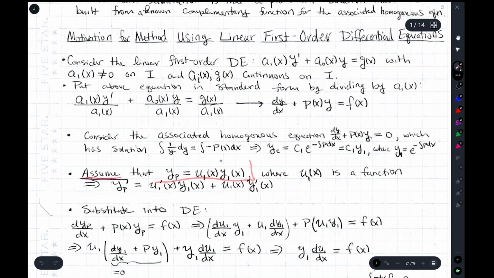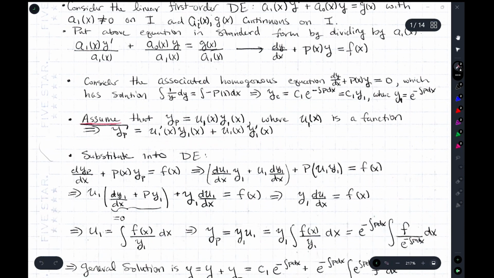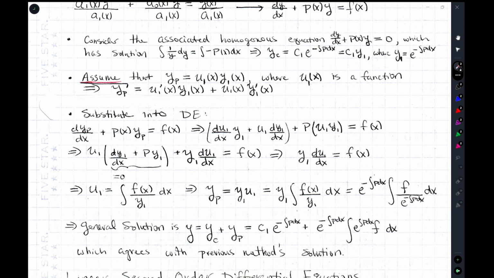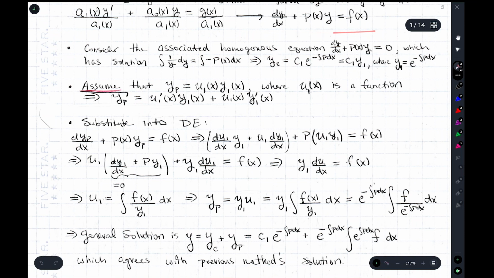We're going to assume this form, in other words, that yp is equal to u1(x) y1(x), where u1(x) is a function. So let's take the derivative of yp. We get that from the product rule, and we're going to substitute it into the differential equation that we started with here, the non-homogeneous one.